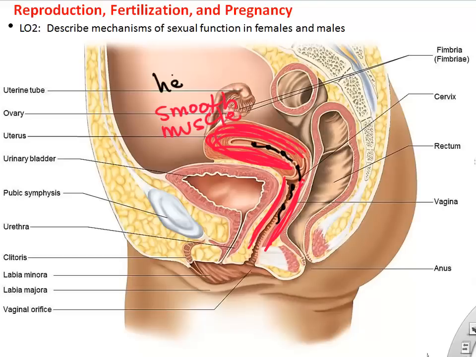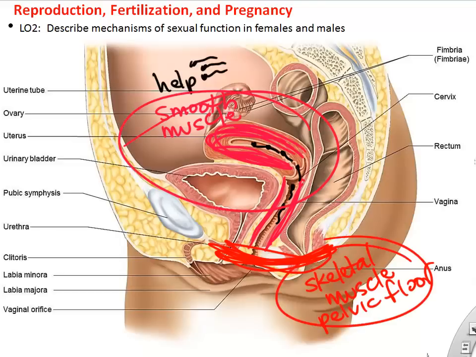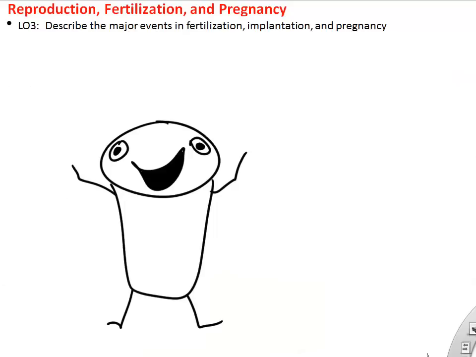Some people report that helps transport the sperm up towards the fallopian tubes, and of course there's skeletal muscle in the pelvic floor that rhythmically contracts as well during orgasm. So very similar between males and females, with the male, of course, having the added component of ejaculation.